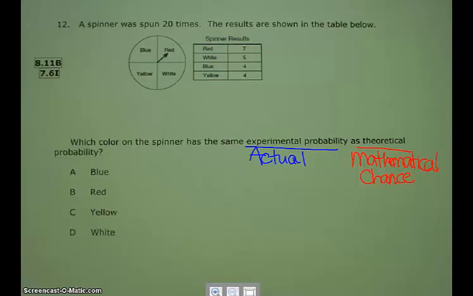All right, so we need to take a look and compare the experimental and theoretical probabilities of each of these. First, let's look at the theoretical probability on the spinner.